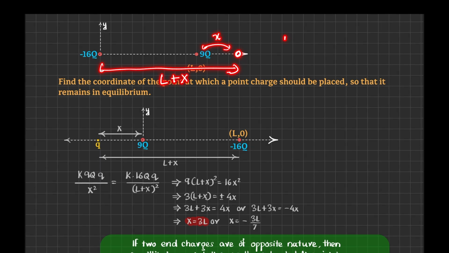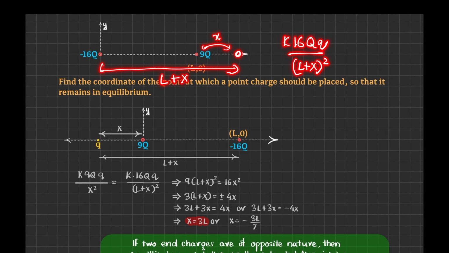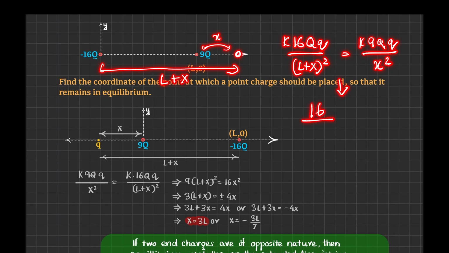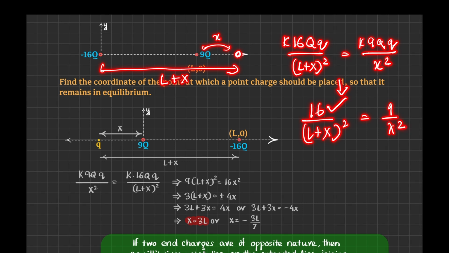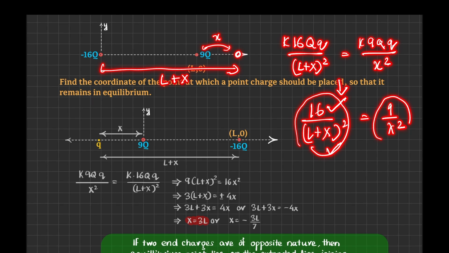So in that case again, K 16q by L plus x square can be K 9q by x square. Now the equation becomes 16 by L plus x square equals 9 by x square. See here, numerator is more, but denominator is also more. So there is a chance that these two ratios will be equal.